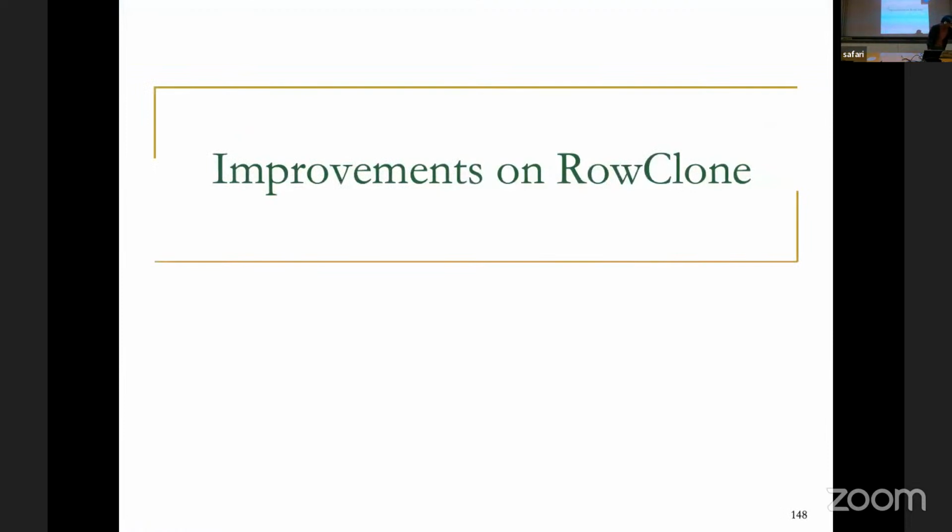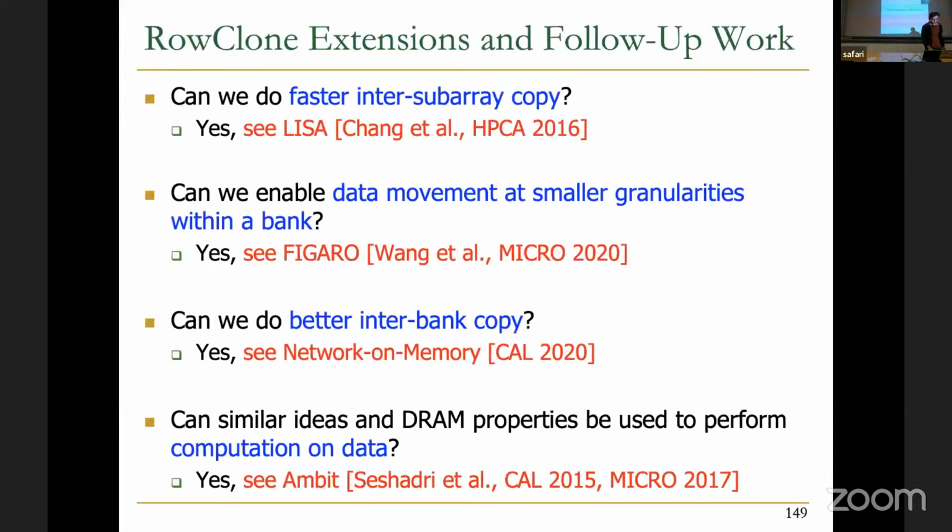Okay, row clone research, because row clone is exciting, right? You can save a lot of energy and a lot of execution cycles by directly copying from row to row. So there have been improvements on row clone. First of them is LISA, a way of doing inter-subarray copy in a faster manner than the way that the row clone paper proposes.